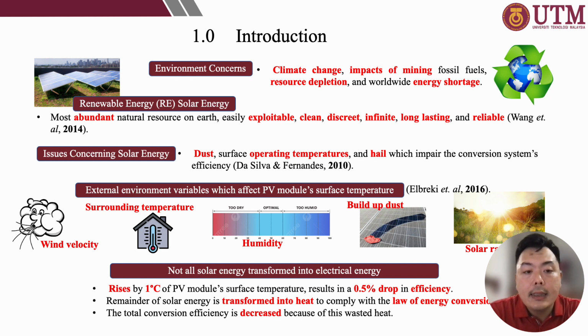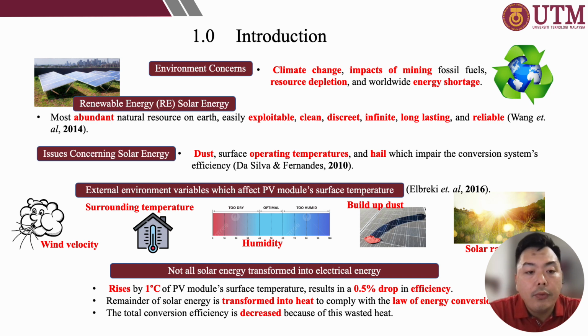However, does surface operating temperature and heat impair the conversion efficiency? Furthermore, wind velocity, surrounding temperature, humidity, build-up dust, and also solar radiation are the external environment variables which affect PV module surface temperature. Not all the energy is transformed into electrical energy.